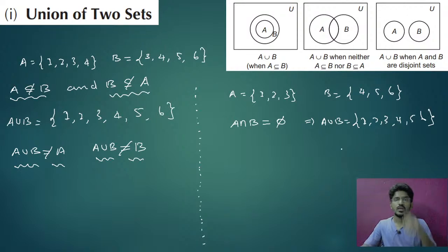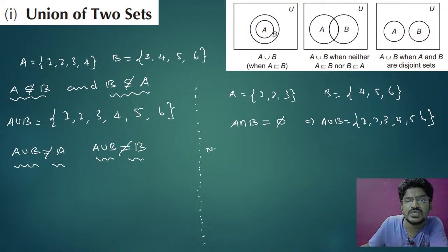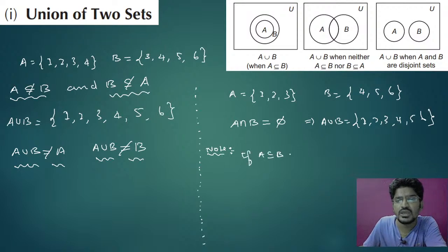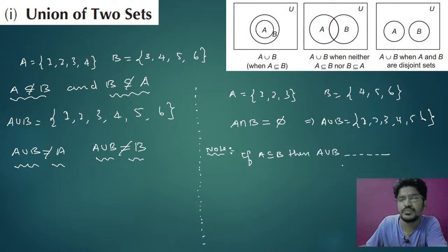Clear? Okay. So now I think all of you have understood what happens to A union B if A is a subset of B, what happens to A union B if B is a subset of A, and what happens if A is not a subset of B as well as B is not a subset of A. So from this I will write some notes here. If A is a subset of B, then A union B is dash.